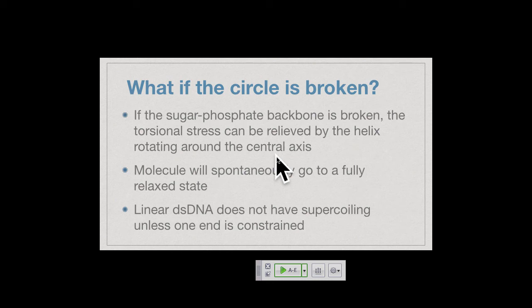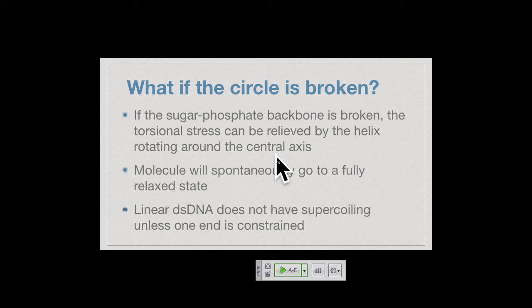The nick is just a jargon term meaning one of the phosphodiester bonds on one strand is broken. When that happens, because the molecules are just being held by these hydrogen bonds, the strands can literally unwrap themselves and go back to the most stable, relaxed configuration. So if we break a strand, we can actually change the level of supercoiling.